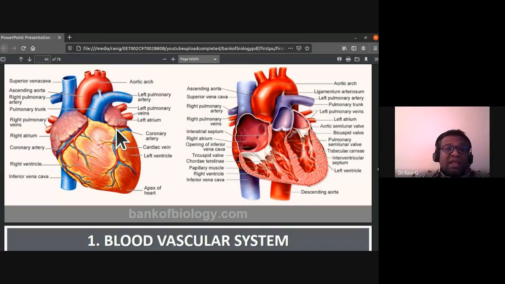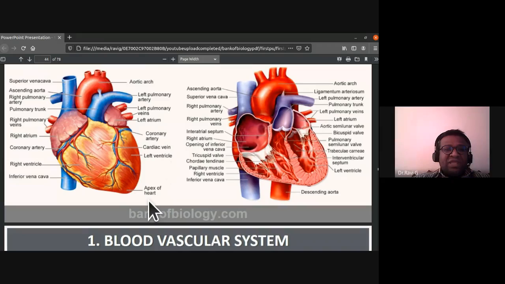That leads to what we call myocardial infarction, death of the cardiac cells, a heart attack. So the blockage is brought about in these arteries. Whenever they are blocked by a blood clot or by cholesterol, they lead to a heart attack.